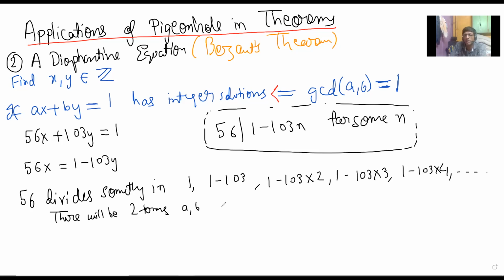There will be two terms A and B, meaning two terms like this, 1 minus 103 times A and 1 minus 103 times B, which leave the same remainder when divided by 56.